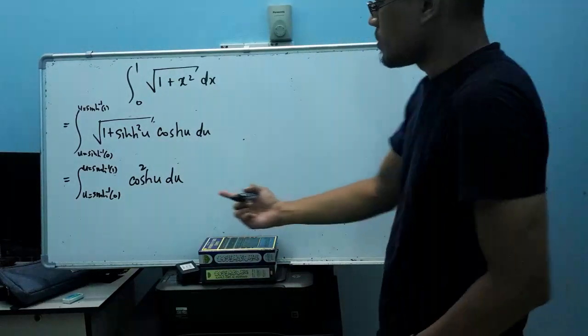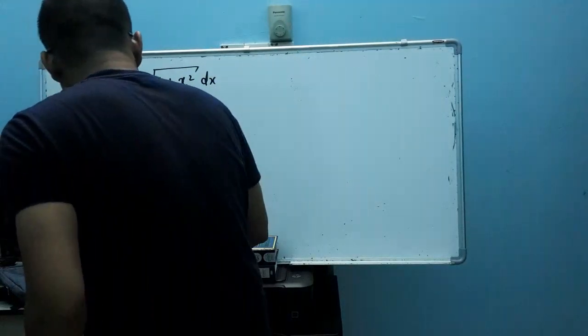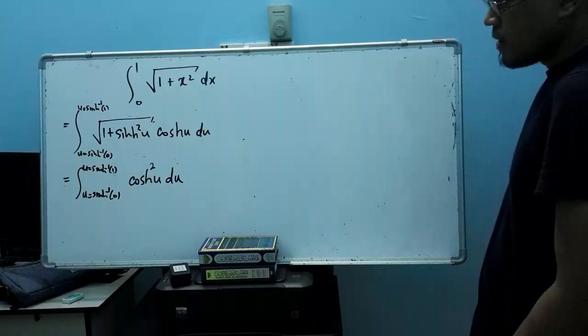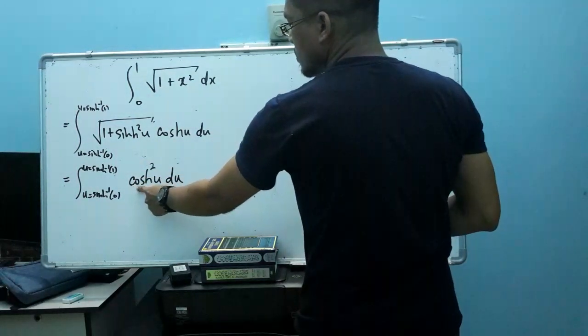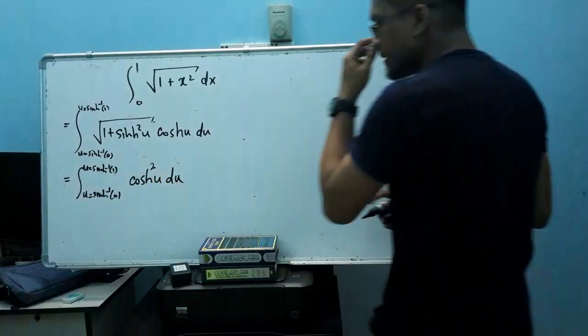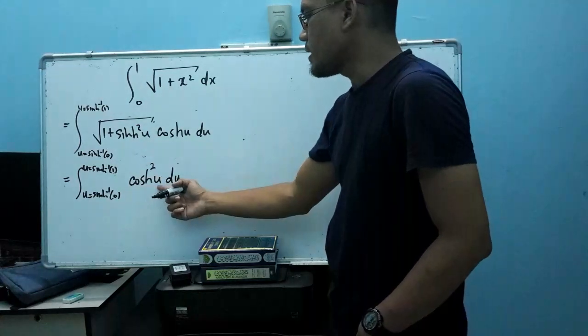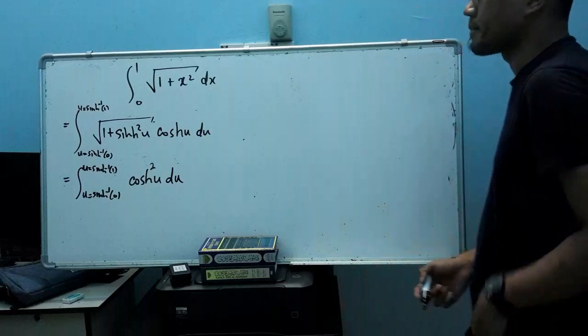Now you only have this part, cosh. Of course, you can find the formula for cosh squared u here. After you find such a formula, you can just evaluate it.